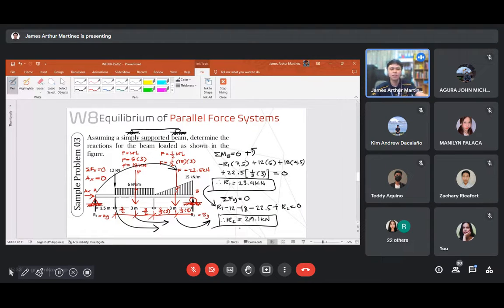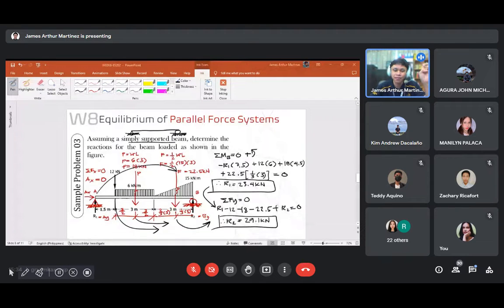What we were looking for in the problem, right, are the reactions at both ends. So R1 therefore is 23.4 and R2 is 29.1 kilonewtons. Okay? I hope you understood, class. Any questions or clarifications?